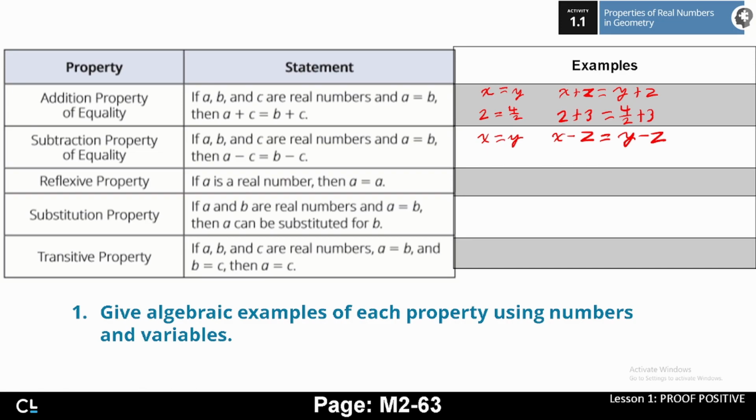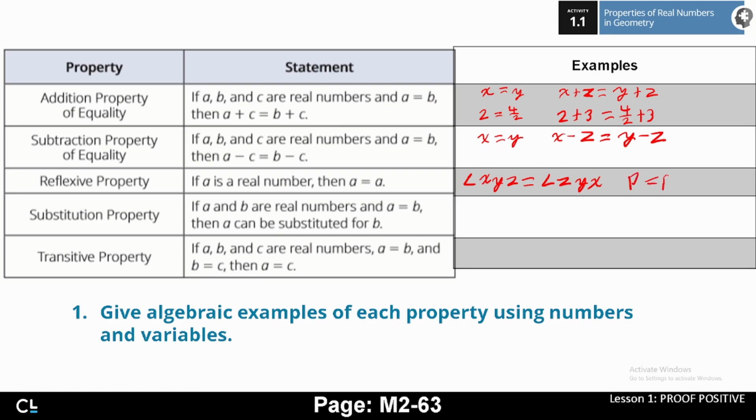Next up is our reflexive property. Basically, something is equal to itself, right? So we could say that angle XYZ is equal to angle ZYX. They're still the same angle. They're just named differently.